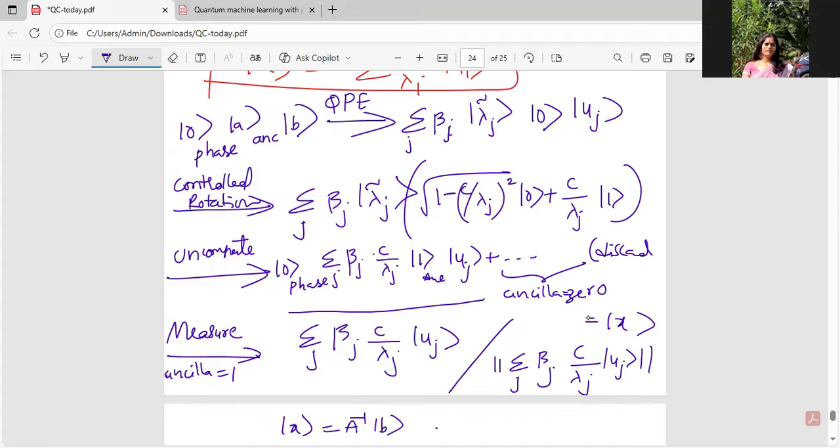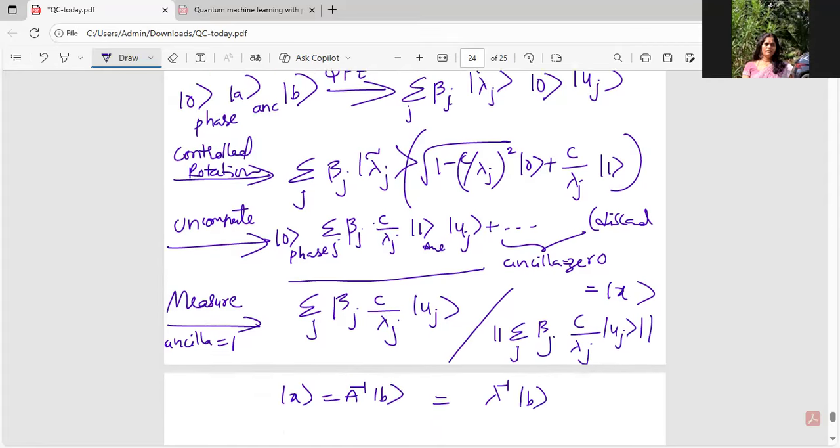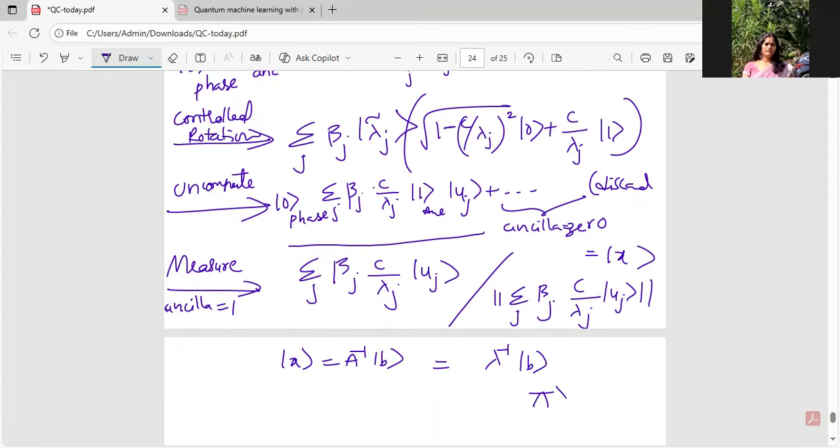If I have decomposed A into eigenvalues and all the things, it is nothing but lambda inverse ket B. Also, guys, you can see here, I will write like this. Ax is equal to lambda x.